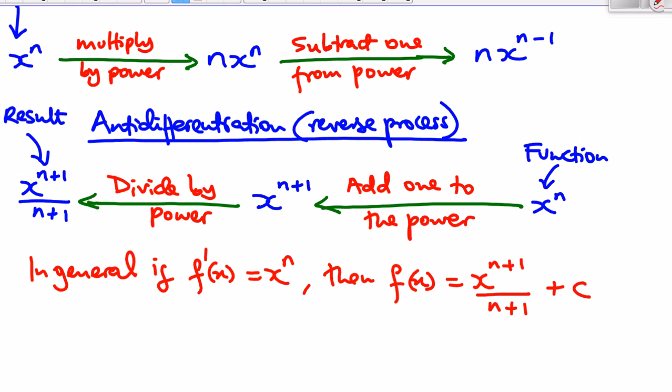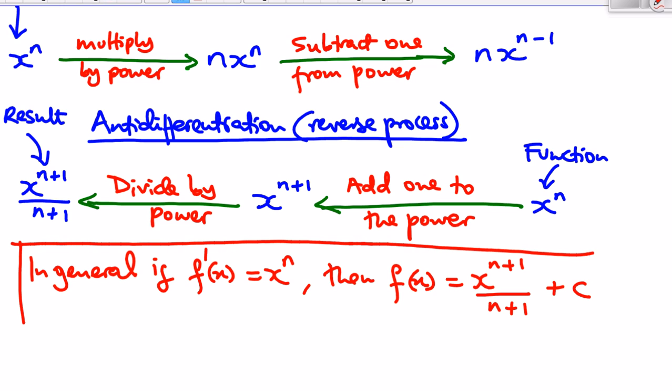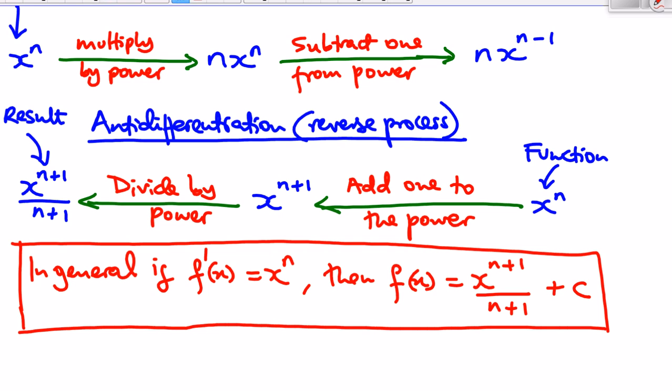Now remember, you have to add c at the end. And I explained that in the previous video. So this is the process of how you can integrate any polynomial. If you're given any polynomial, you can use this formula to basically integrate it.